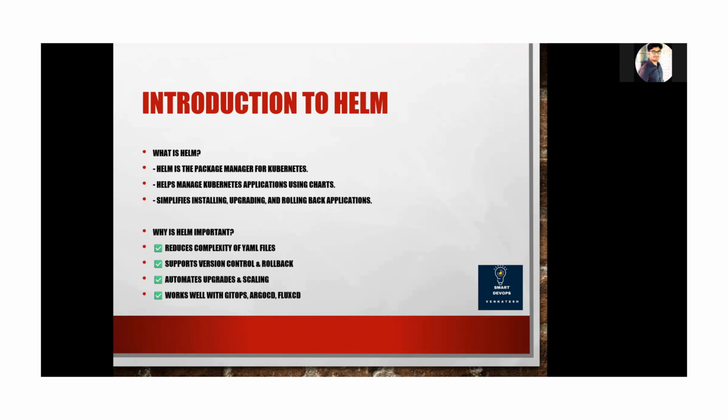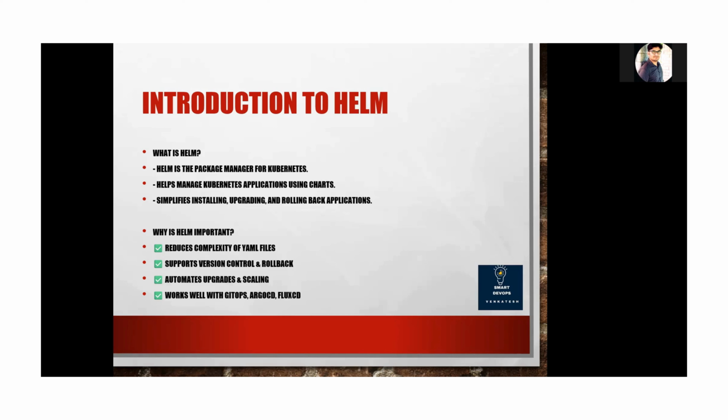Helm simplifies how applications are installed and managed in Kubernetes. Instead of writing multiple YAML files for deployment, services, and configurations, Helm allows you to package everything into a single thing called a Helm chart, a reusable template that makes deployment faster and easier.